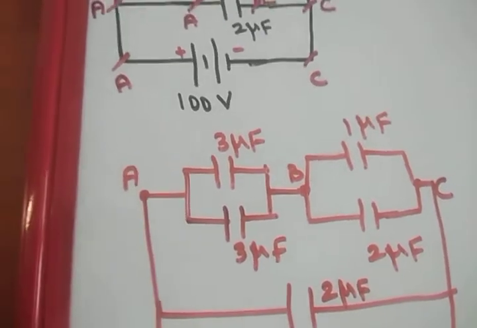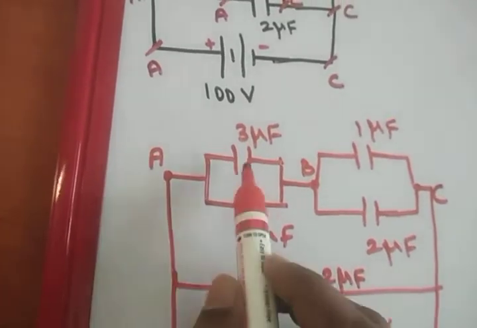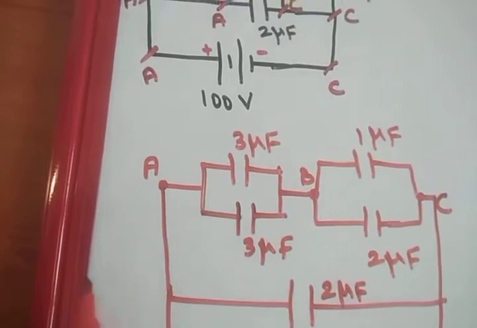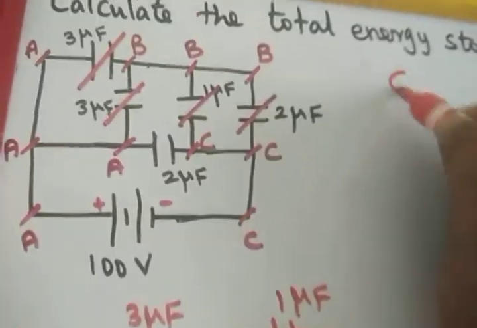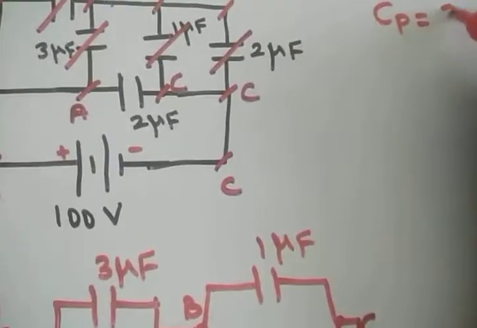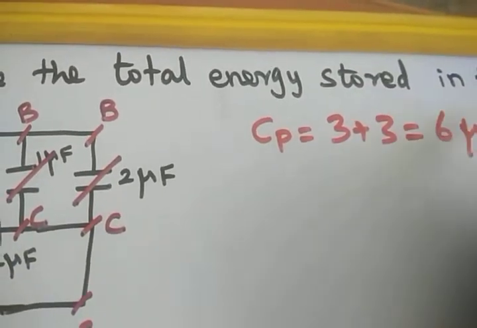Yes, 100 volts. If you look at this circuit, it is easy to solve because these two are in parallel, then these two things are in series. First, for parallel, the formula is directly to add C1 plus C2. So 3 plus 3 is equal to 6 microfarad.